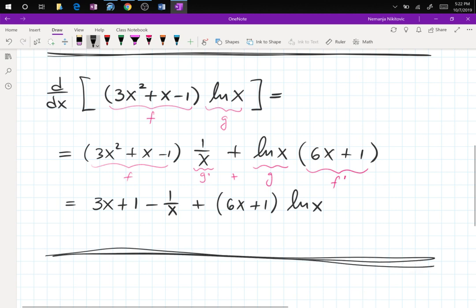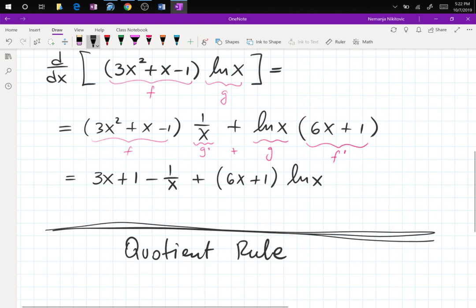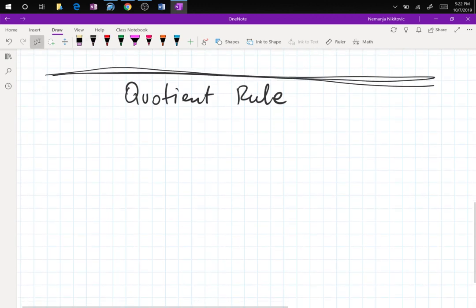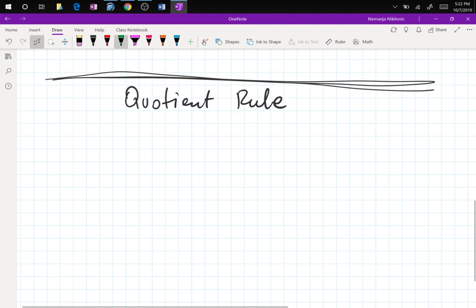Second half is the quotient rule, which is when you have division of two functions, and we write the derivative of f of x divided by g of x. So that's what we're looking for.